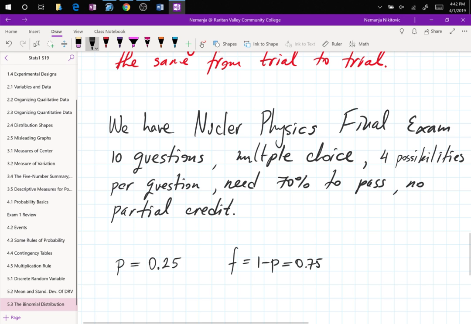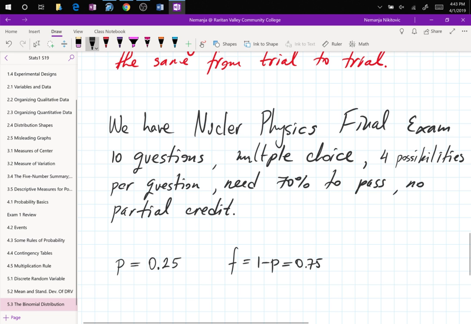So there actually should be 4 calculations: one for 70, one for 80, one for 90, one for 100, guessing all 10. And if you add all of those, because it's OR, one or the other, OR is always the addition. We learned that last class, or 2 classes ago. By adding all of those probabilities together, we would have this master probability, and you will see what that works out to be.